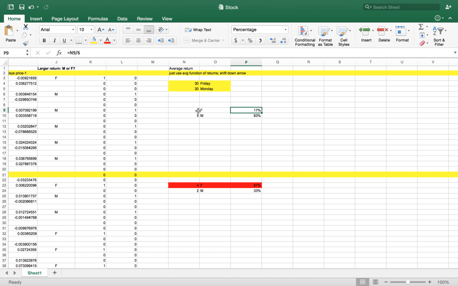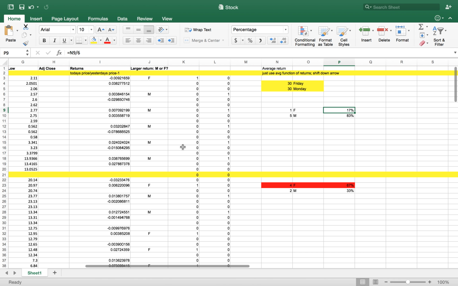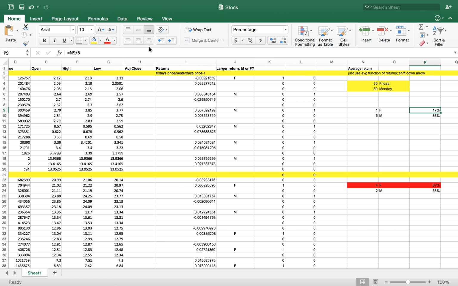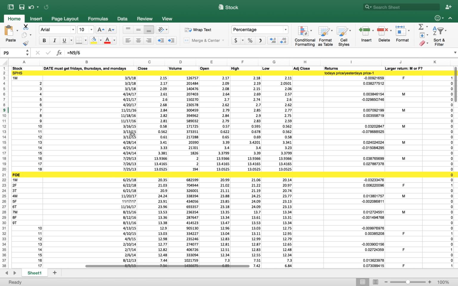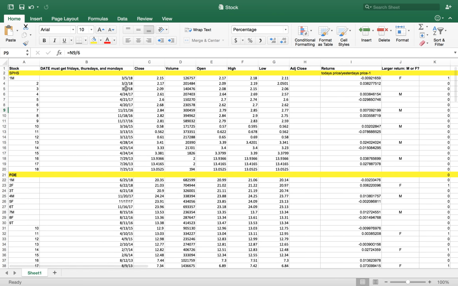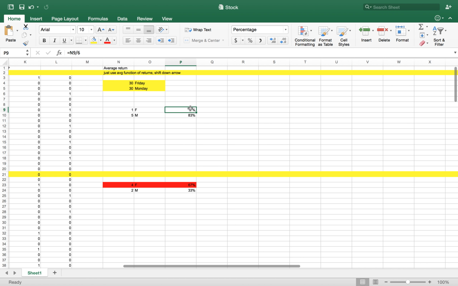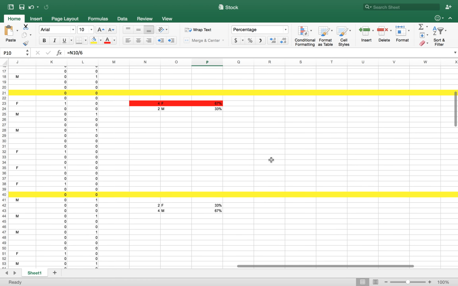So this number is out of 6, because there's 6 pairs of data, so 2013 to 2018. And so I did that, and I got the percentages, and then I did that for all of them.